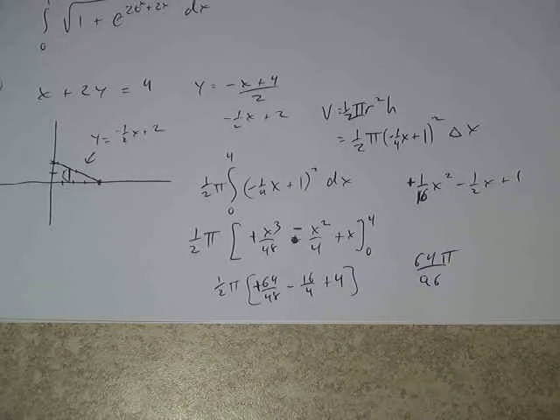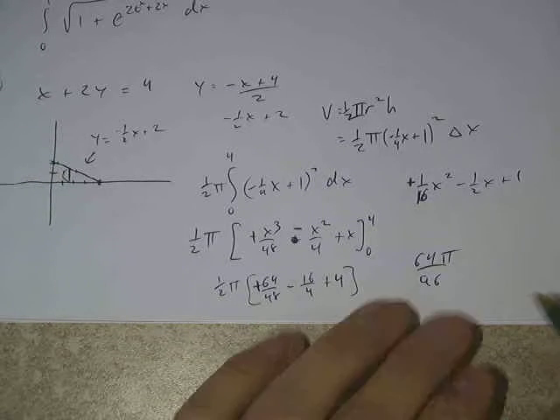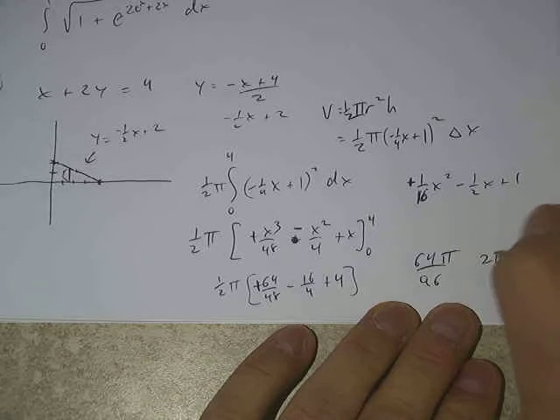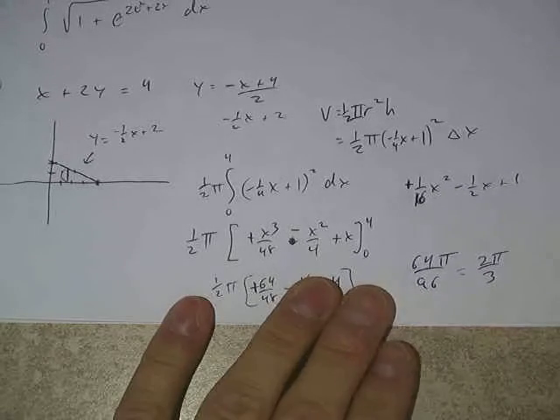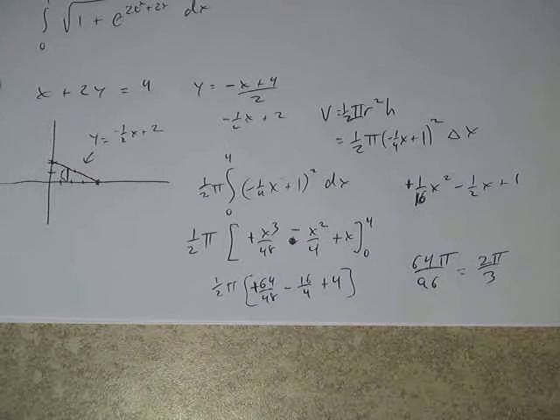And ultimately it's our job to reduce at that point. 16 can go into both of those, it'll be 4 and 6. Actually, 32 can go into both of them, yeah. So 2 and 3, so 2 pi over 3. So that ends up being letter A.